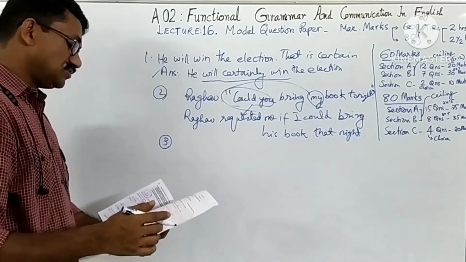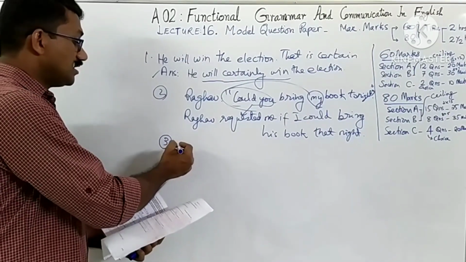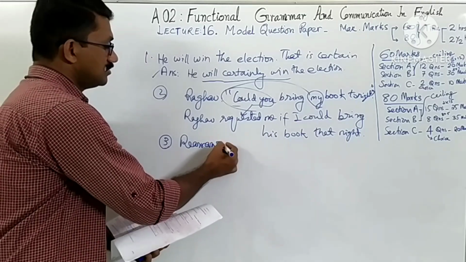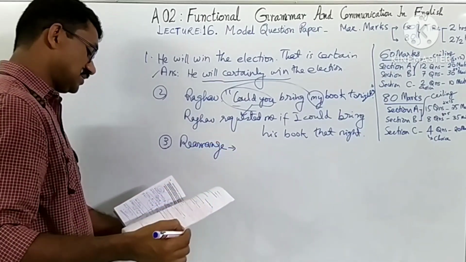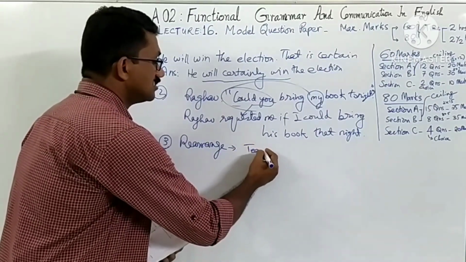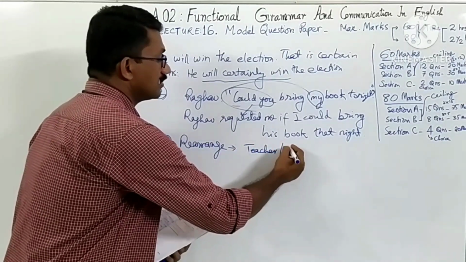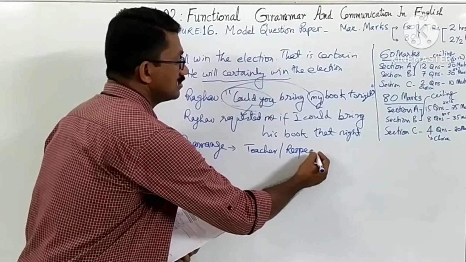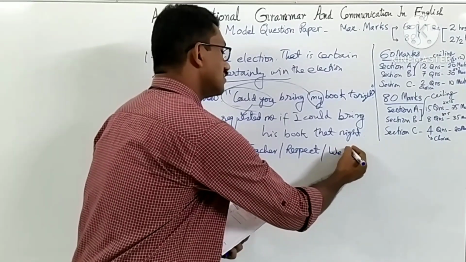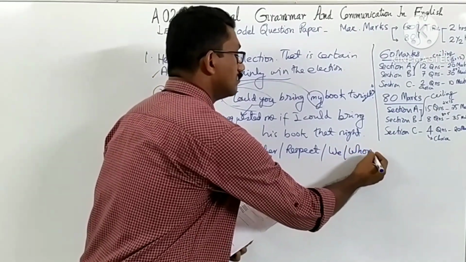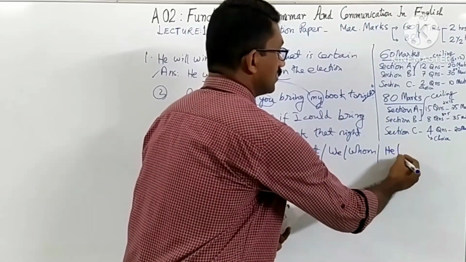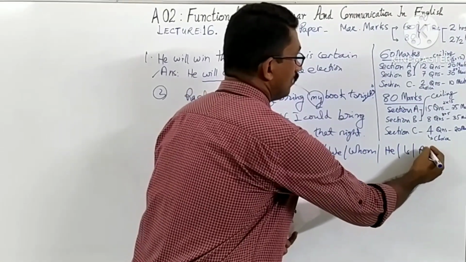Rearrange the jumbled words into a meaningful sentence. The jumbled words are: teacher, respect, we, whom, he, is, all, a.